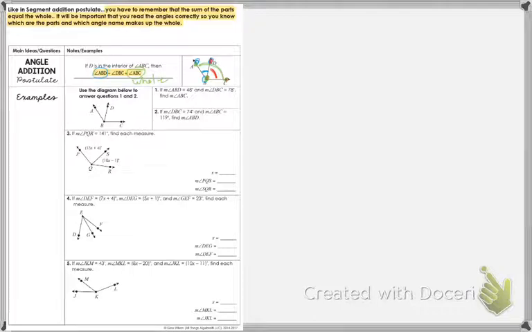And these are your parts. If you put these together, this is the sum of the parts equal the whole. This angle plus this angle equal that one.